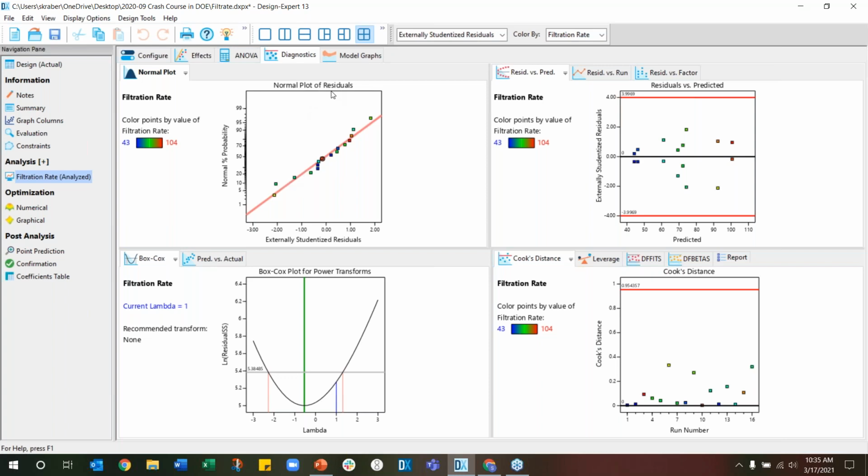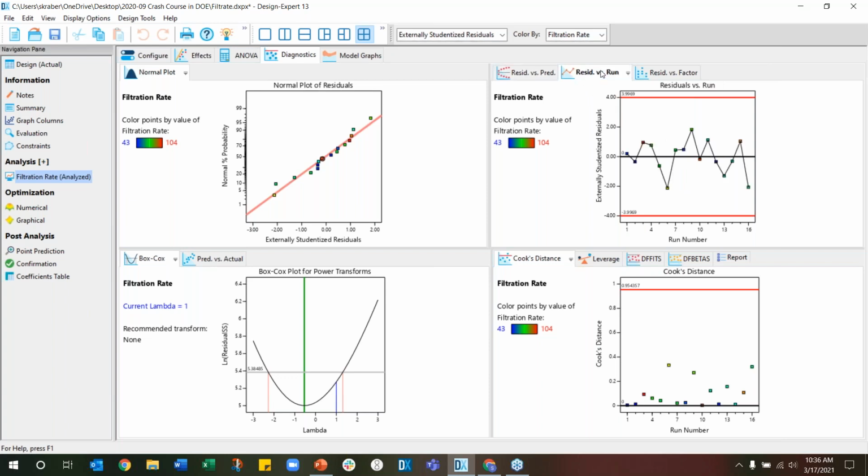The normal plot of the residuals should show that the residuals are normally distributed, to clarify that. The residuals versus predicted should also be just a nice random scatter, as it is here. No trends, no increasing plots.